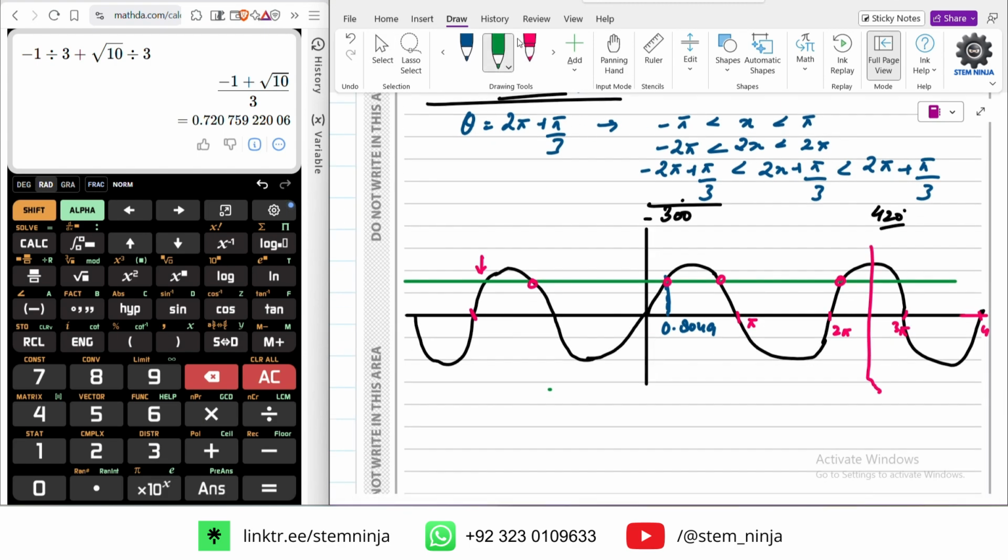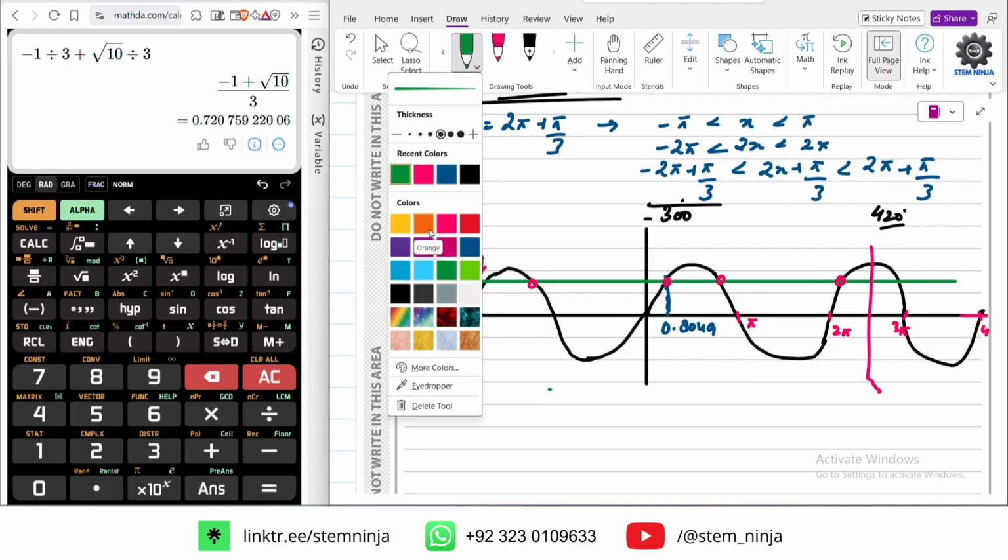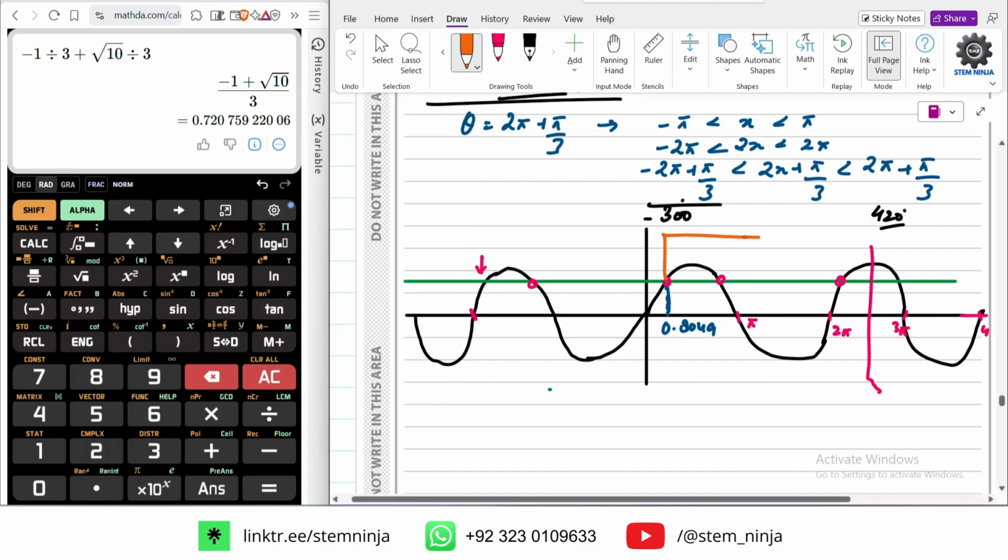Now, how do we actually go from the one that we have done to the other one? So let's use another different color. We know that plus 2 pi will get us this, and minus 2 pi will get us this one.